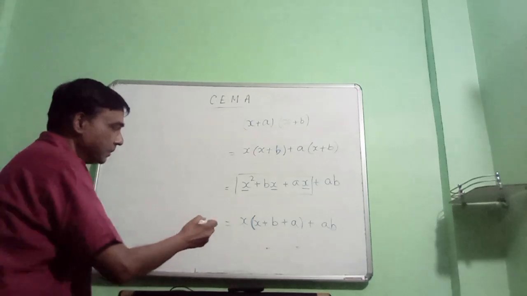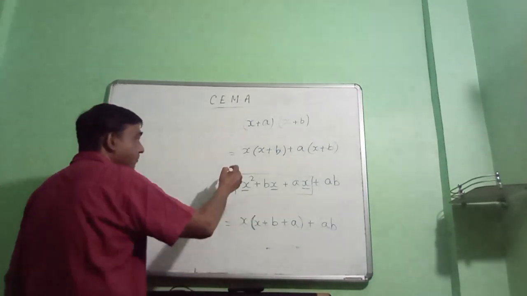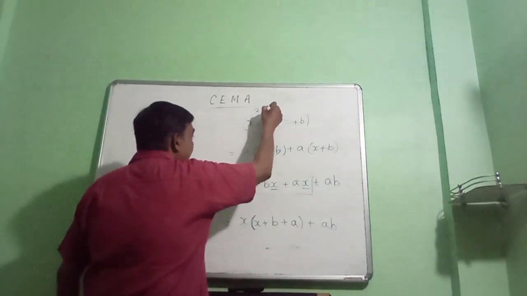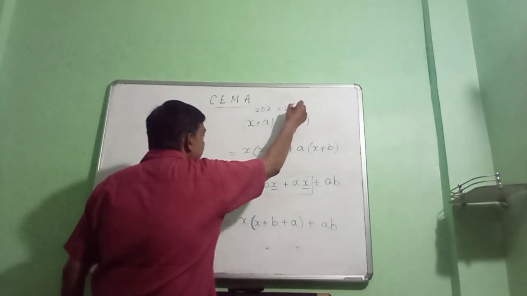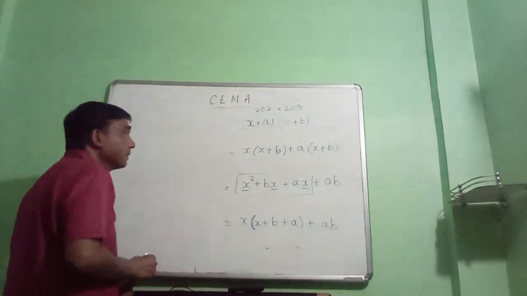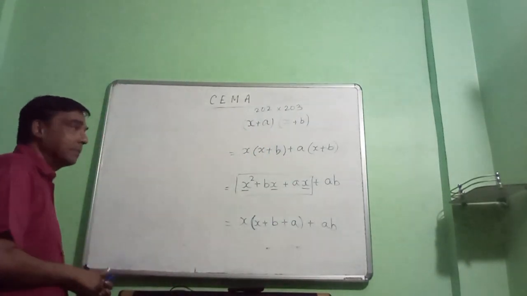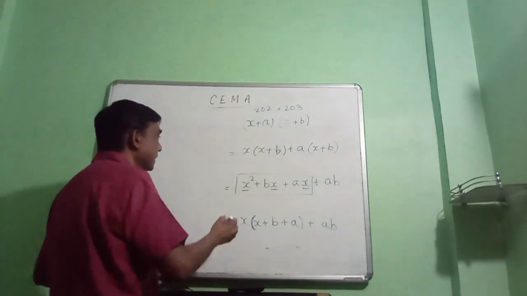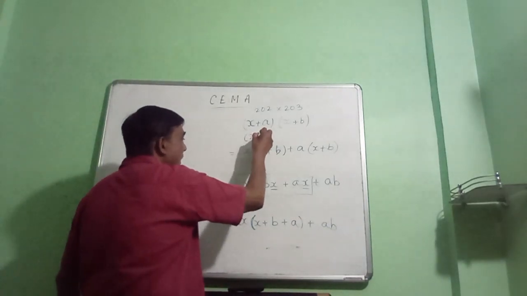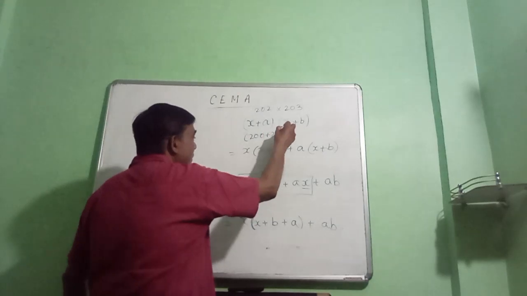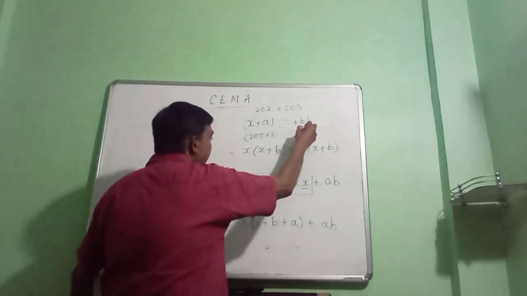Okay, once you have understood this, if I have 202 multiplied by 203, so it is what? 200 plus 2 multiplied by 200 plus 3.